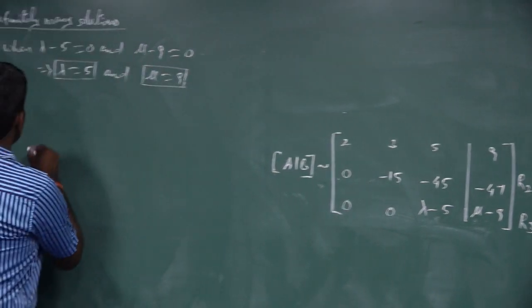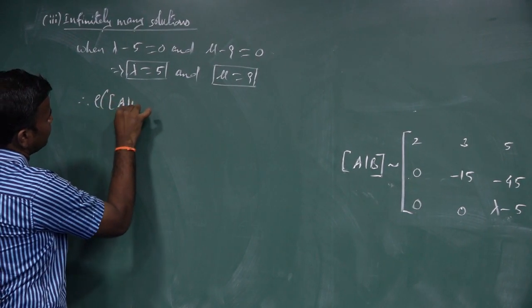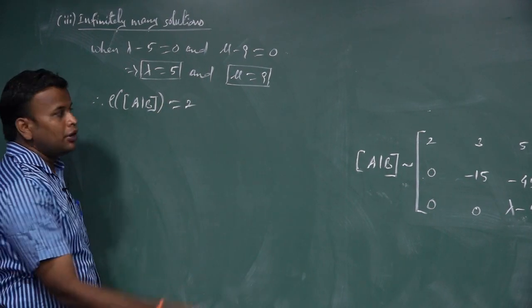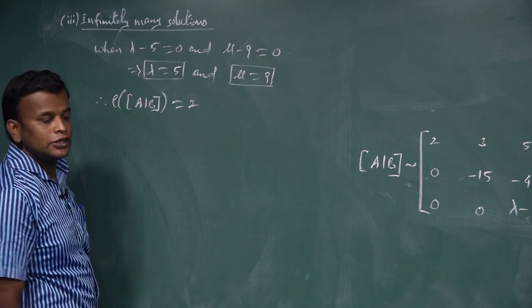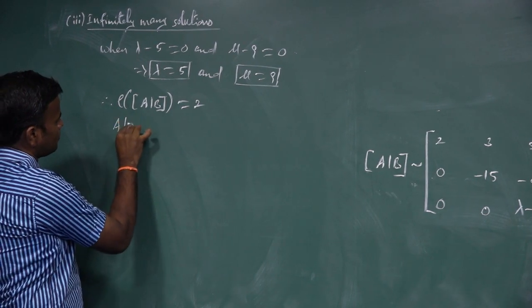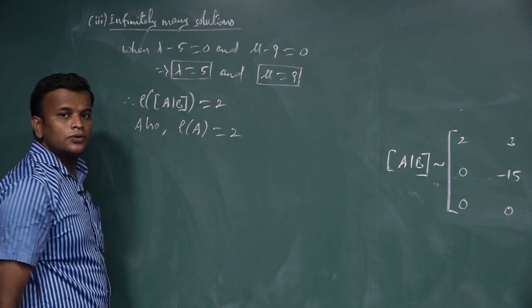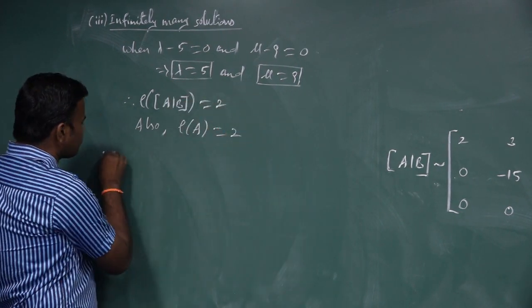Therefore, the rank of A|B is 2, because when lambda is 5 and nu is equal to 9, the third row fully vanishes. Also, what is the rank of A? It is also 2, because lambda is 5, so that one is also 0.